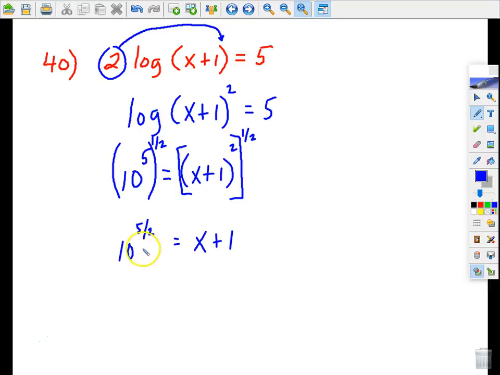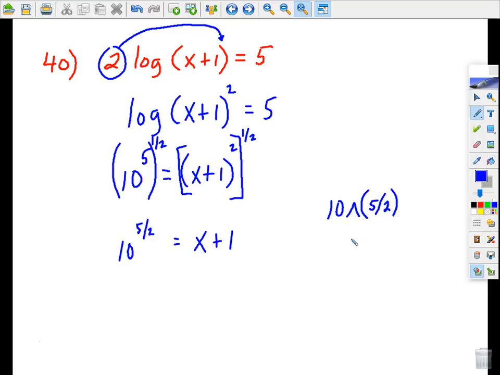Okay. Well, let's see. We can do this in our calculator. And let me show you how you can do that using a rational exponent if you don't already know. If you'll take your calculator and key in 10, and then use that raised to symbol. Now, it's very important that you put the fraction 5 divided by 2 in parentheses.